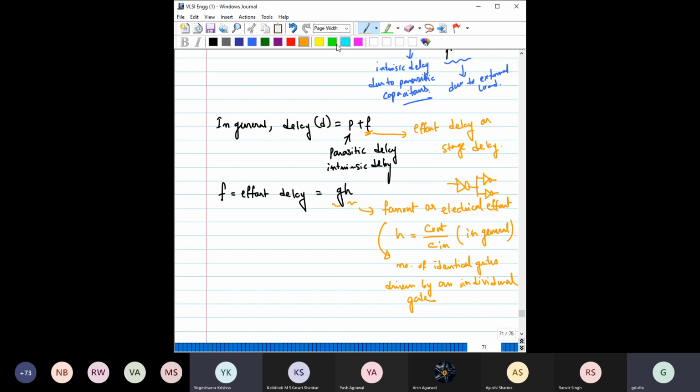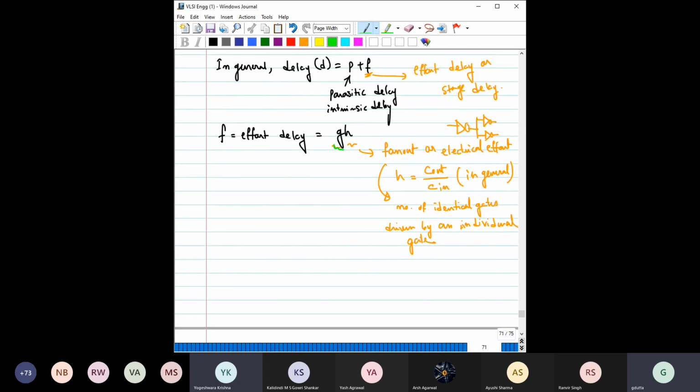Now here one more term, that is G. This G is called the logical effort. This logical effort depends on the gate that you will be using.